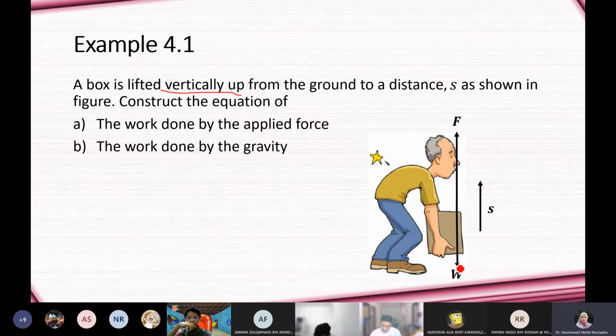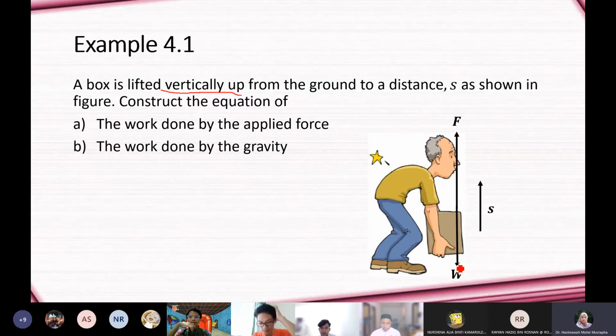Construct the equation for the work done by the applied force and the work done by the gravity force. Kita dah belajar tadi, kita ada work done by tensional force, normal force and so on. But for this question, dia minta kita cari the work done by the applied force and the gravity force.